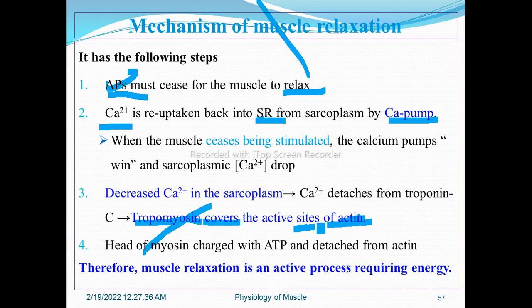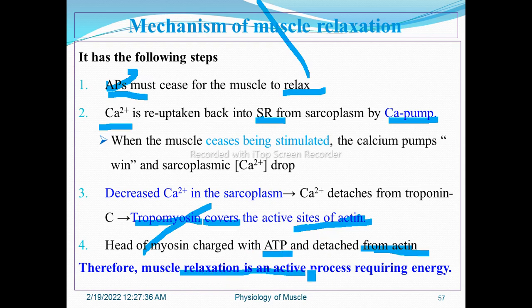So there is no active site for the myosin head. The head of myosin is charged with ATP and detached from actin. By this time muscle relaxation has occurred.